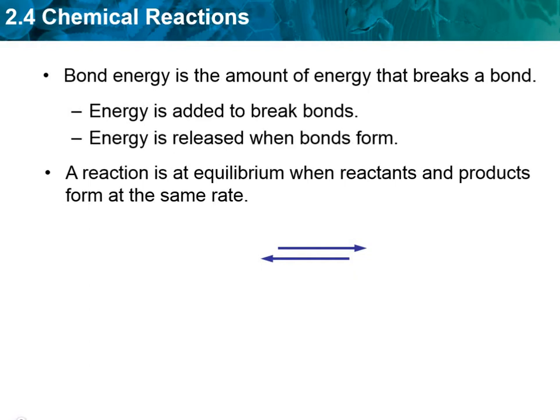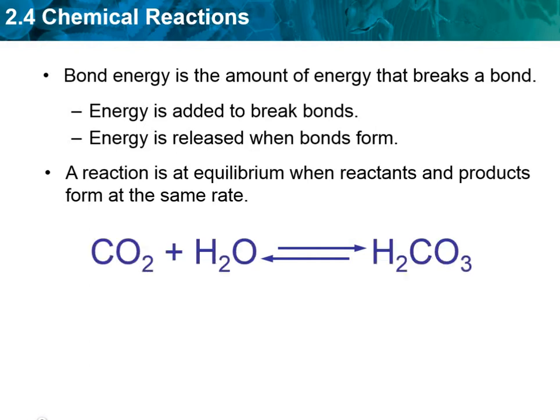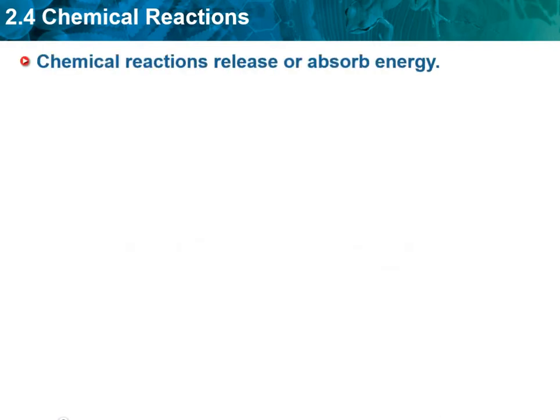Energy is released when bonds form. A reaction is at equilibrium when reactants and products form at the same rate. So right here, you see that you've got carbon dioxide and water is going to form that.